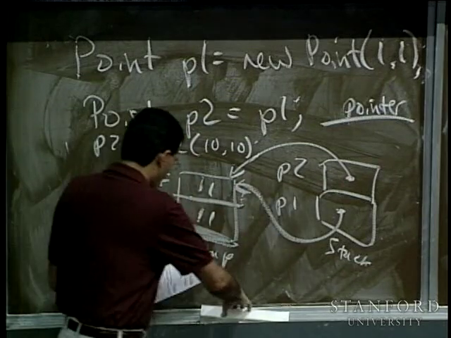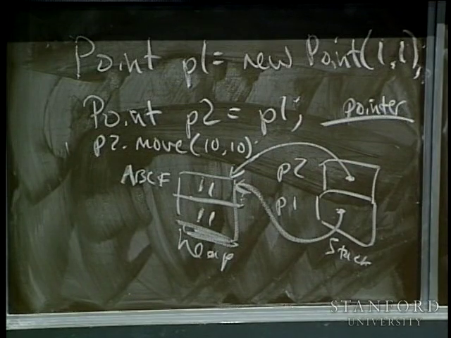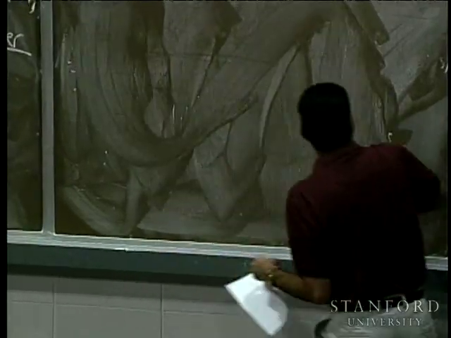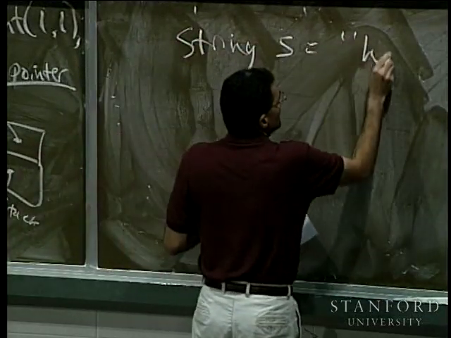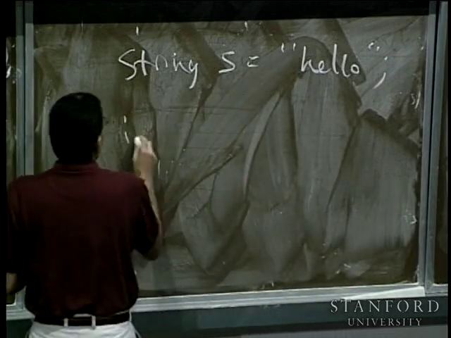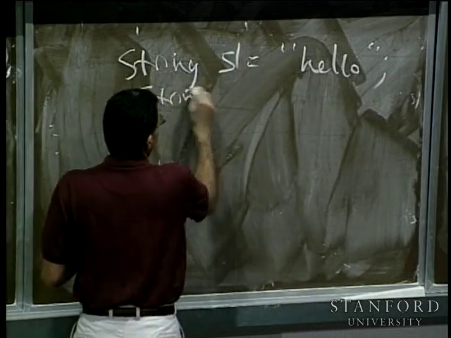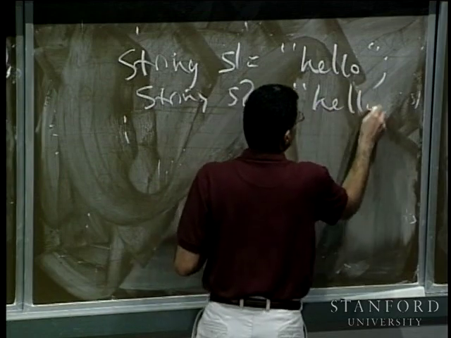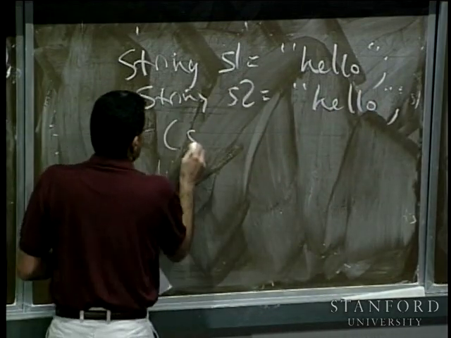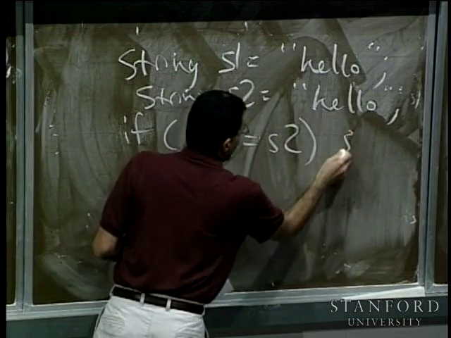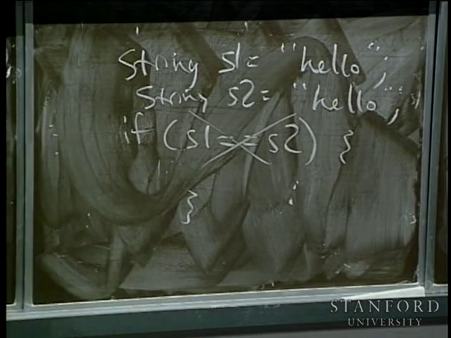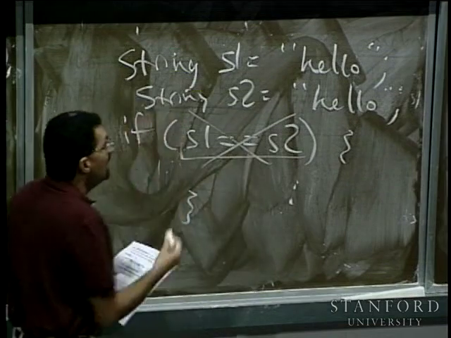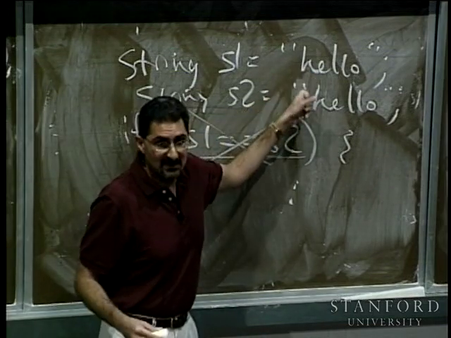Which is why, in the days of yore, when we talked about our friend the string, if you had some string s1 equal to "hello" and another string s2 also equal to "hello", and you wanted to say if s1 is equal to s2, I told you this doesn't work because you need to call s1.equals(s2). The reason it didn't work is that when you check for equality here, it's not checking whether these strings have the same characters.